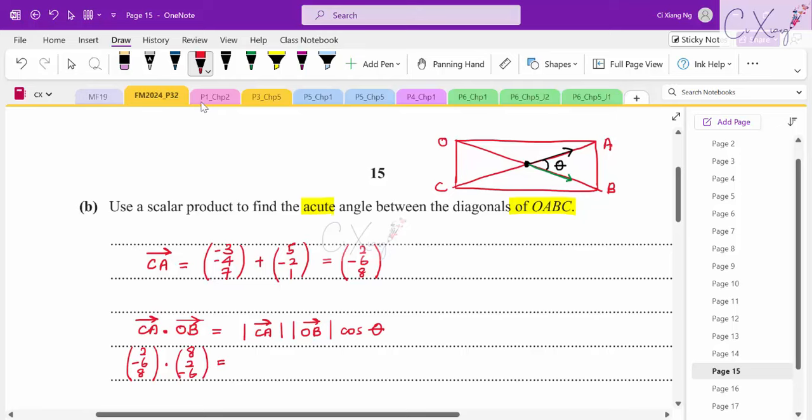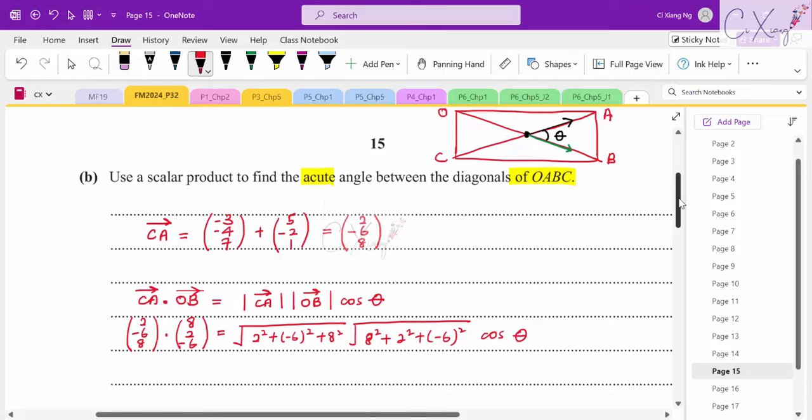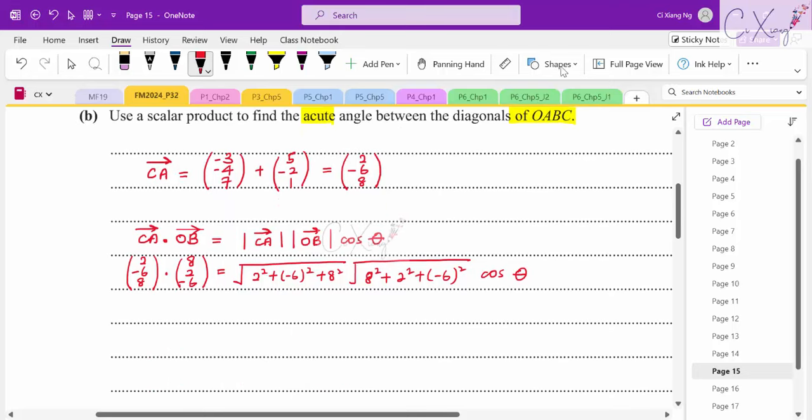Then I want to find the square root, the modulus of CA and OB. So 2 square plus -6 square plus 8 square. Same thing for the OB: 8 square plus 2 square plus -6 square. Then cos theta. For the dot product, I take x multiply with x, y multiply with y, z multiply with z.